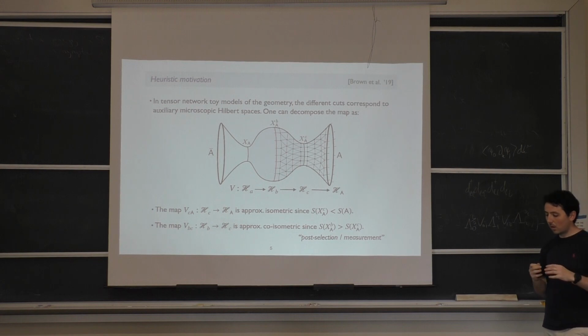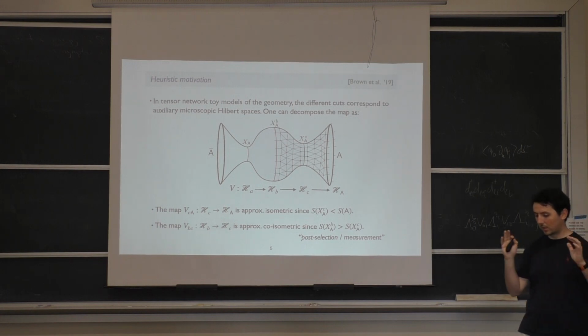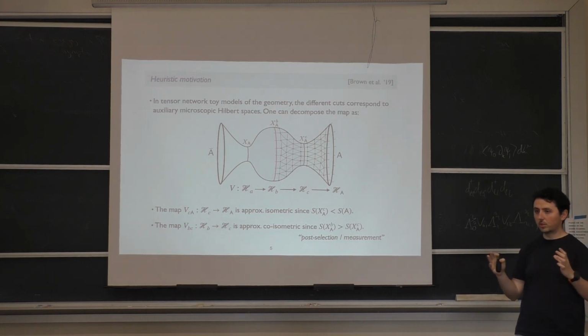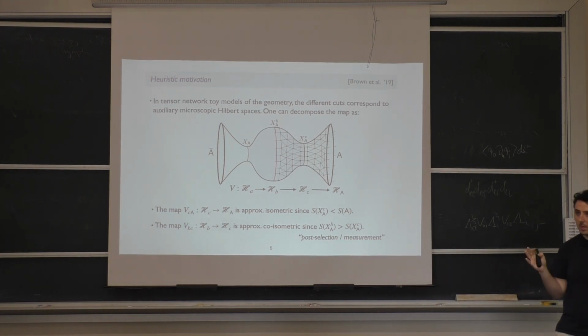Okay, let me now motivate the heuristic reasoning behind this conjecture. So the idea comes from tensor network models of CFT, where the geometry of these slices gets modeled as a tensor network, which is some way to parameterize quantum states in many body quantum systems.